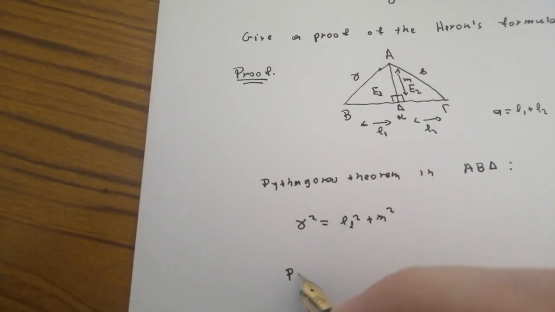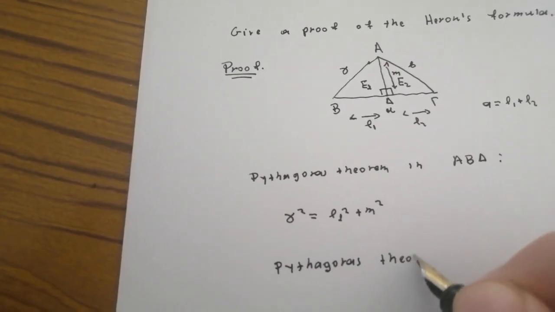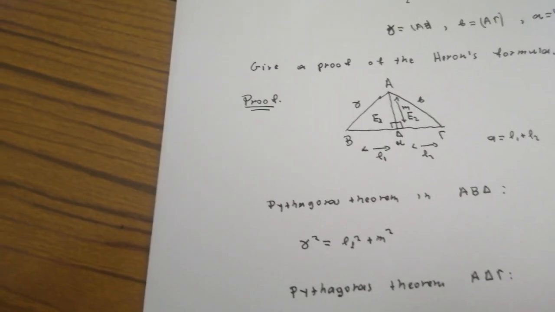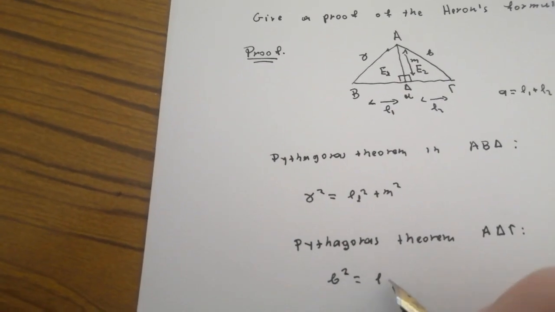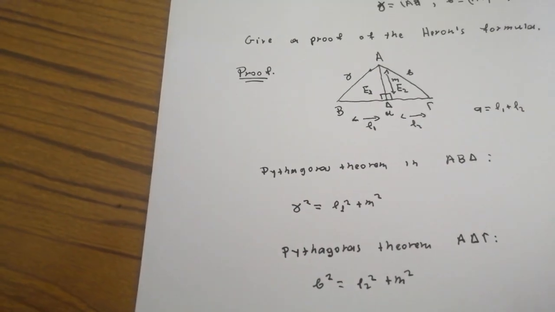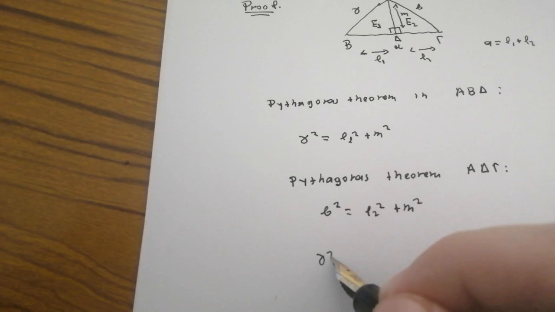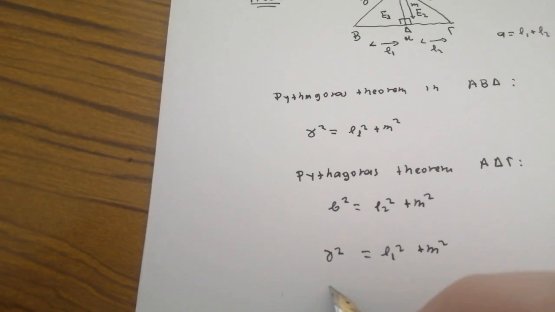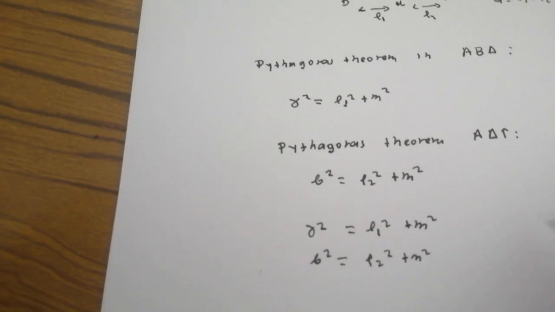Now we impose the Pythagoras theorem in the triangle alpha, delta, gamma. So we have that beta squared is equal to lambda 2 squared plus m squared. So we have these two relations: gamma squared equals lambda 1 squared plus m squared, and beta squared is equal to lambda 2 squared plus m squared.